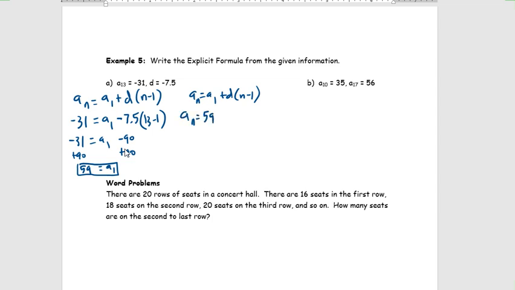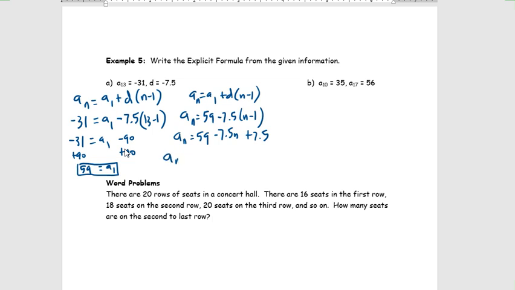It is 59, and our common difference here is negative 7.5 times n minus 1. All right, so we have a sub n equals 59 minus 7.5n, and then plus 7.5 when we distribute.